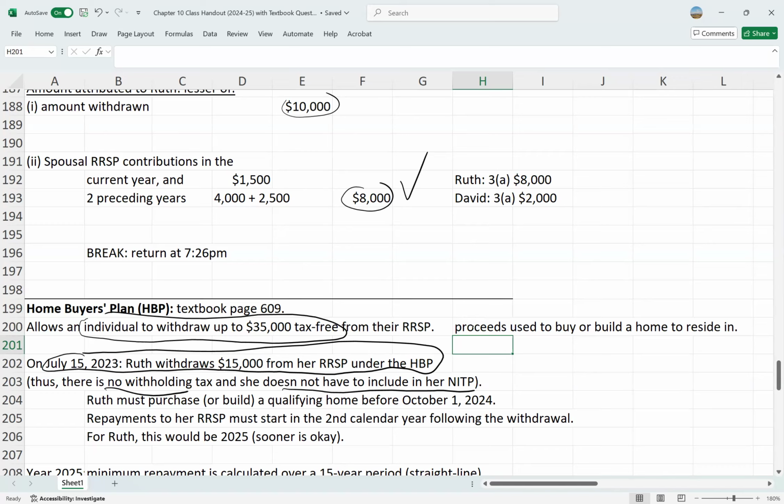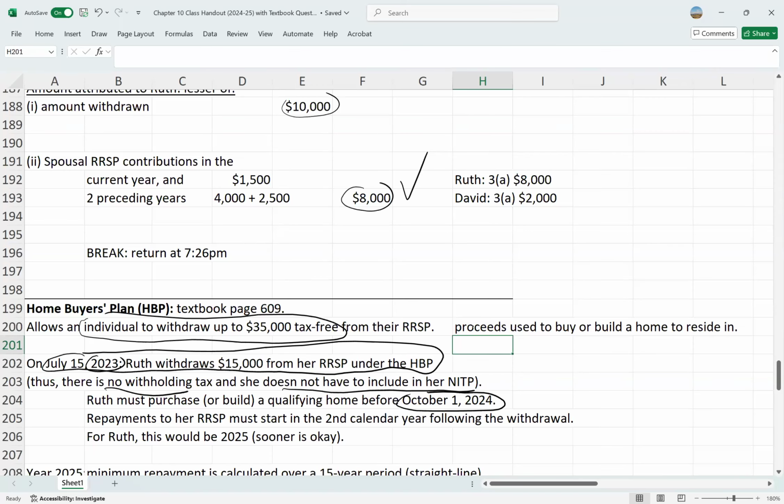But there's a time limit. If the withdrawal is made in 2023, then by October 1st of the following year, Ruth must have bought or built the home. So there's a window where by October 1st of the following year, the home would be purchased and she would be living in it.